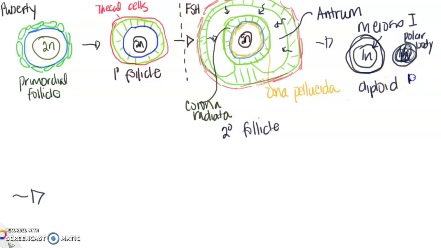So it starts meiosis 2, and it gets stuck in metaphase 2. So this 1N little secondary oocyte, so let's build it again.